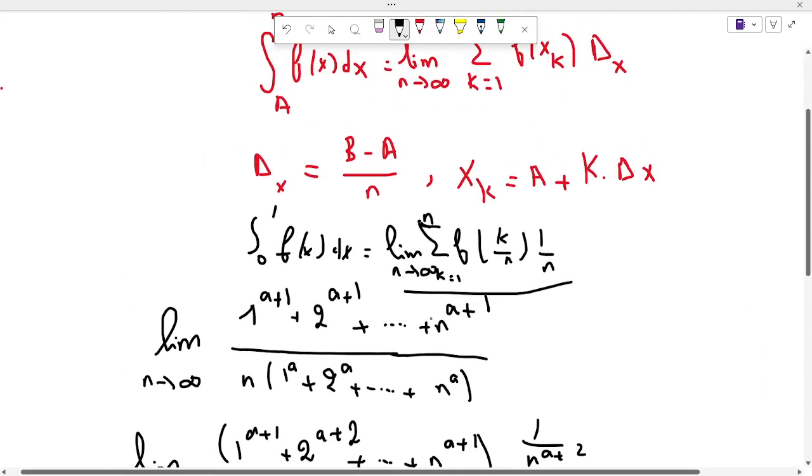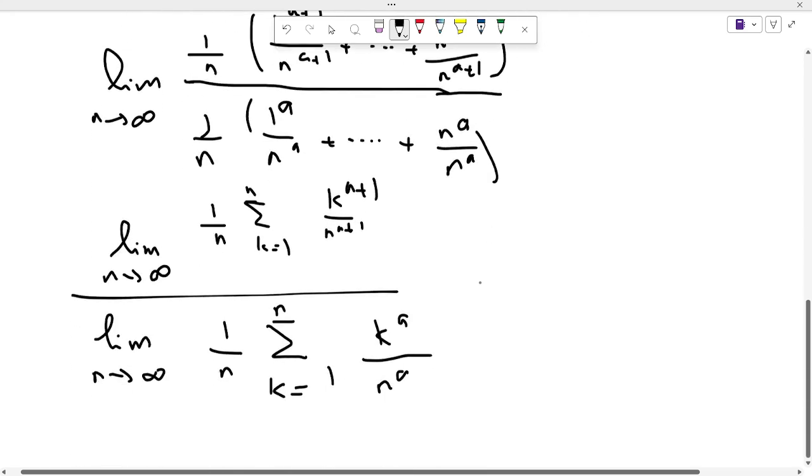Now if we compare these to our formulas right over here, that's pretty much the same thing.